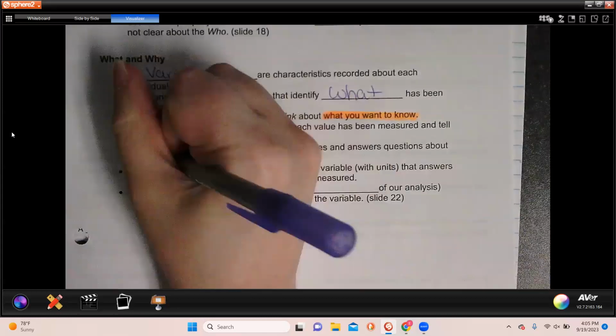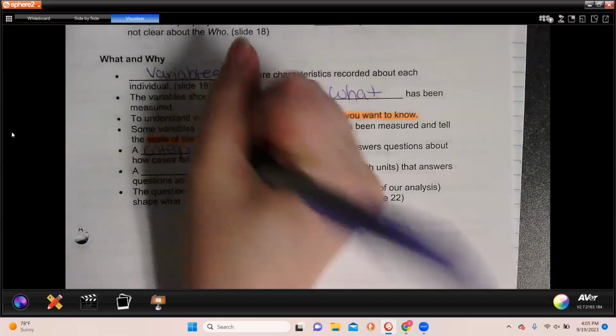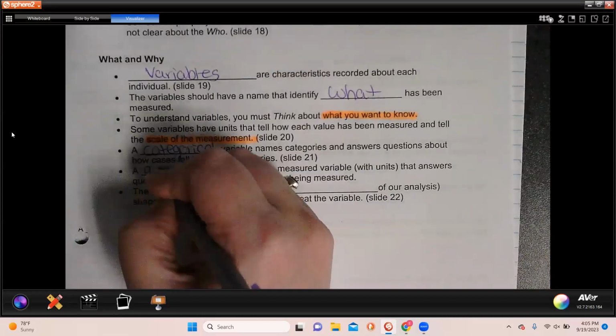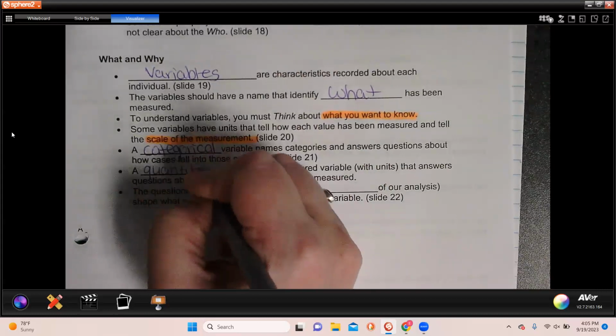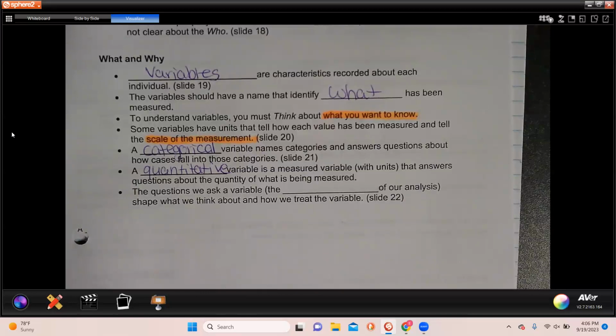Okay, so a categorical variable names categories and answers questions about how cases fall into those categories. A quantitative variable is a measured variable with units that answers questions about the quantity of what is being measured.